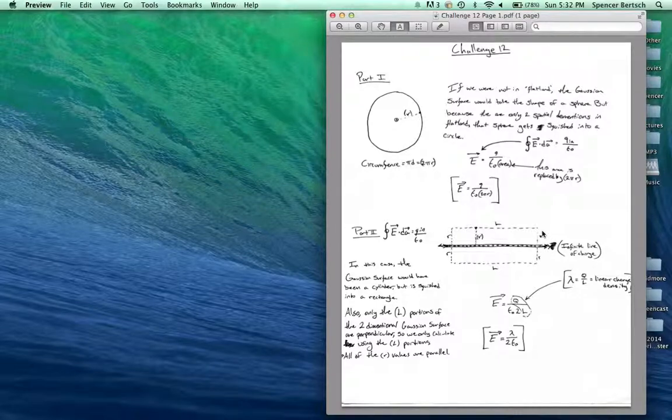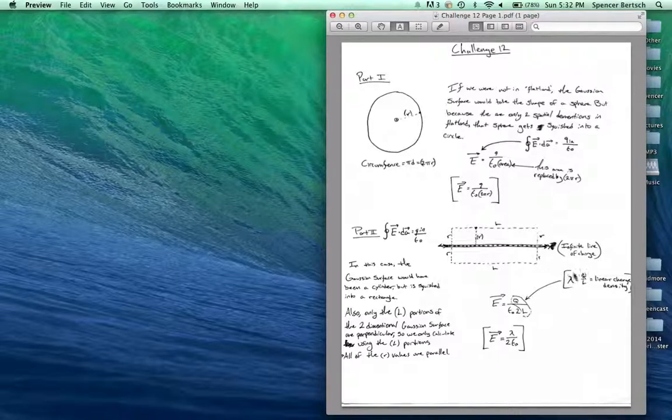Because it's squished flat, it becomes a perfect rectangle. So we only have to worry about L as the area, and we don't have to consider r because it's perfectly perpendicular to the line of charge. We just include L, because that's where the electric field is going through.